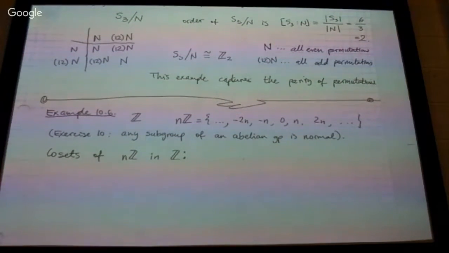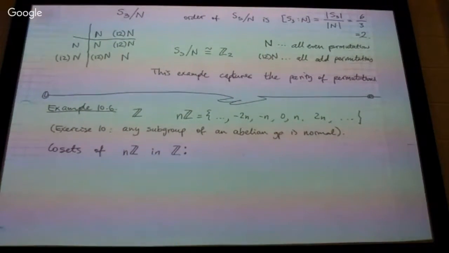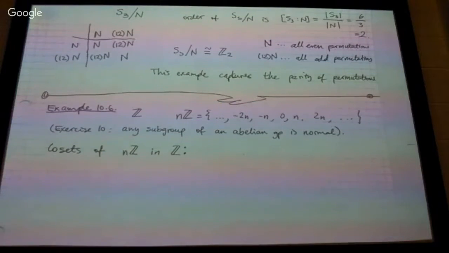You've seen this before. It's just a matter of remembering. The cosets are the remainder classes modulo n.